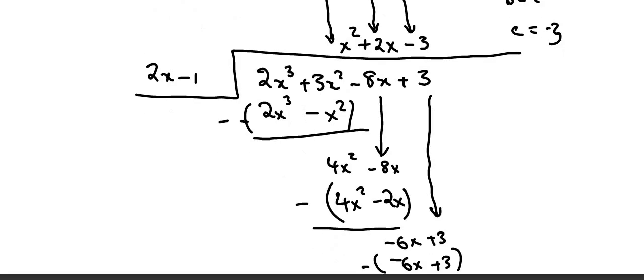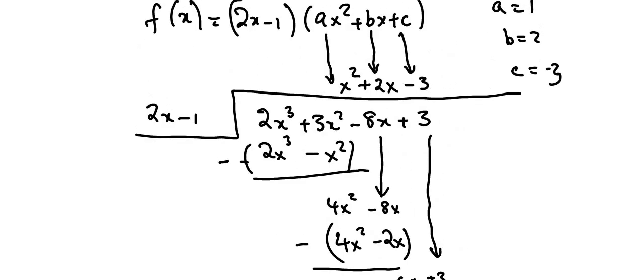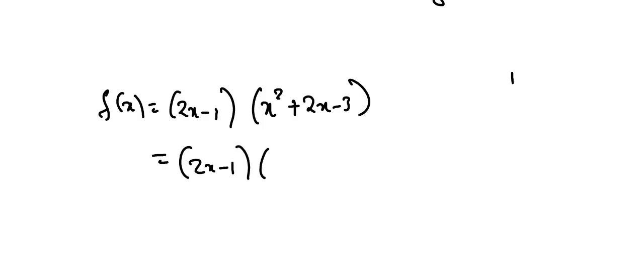Once we get to this, we can further break down our quadratic, because we have a 2x minus 1, then we have x squared plus 2x minus 3 here. Then we can break it down further. To break this guy down, the product is negative 3 and the sum is just a 2.